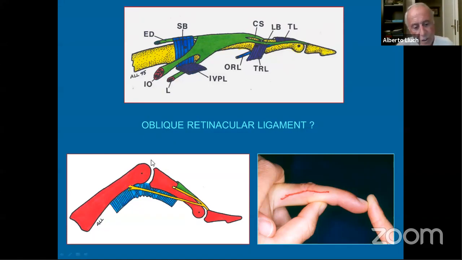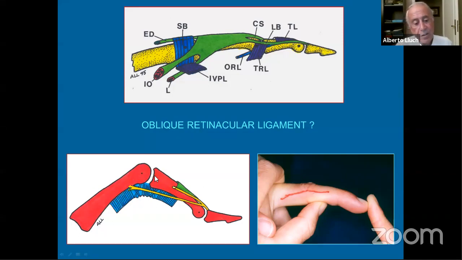I don't know. It looks like an intrinsic when you think about it, because it's volar to the axis of rotation of the PIP joint and dorsal to the DIP joint. So it's like an intrinsic, but a passive intrinsic, because it has no muscle belly, but intrinsic to the interphalangeal joints, not to the MP joints or to the finger as a whole.